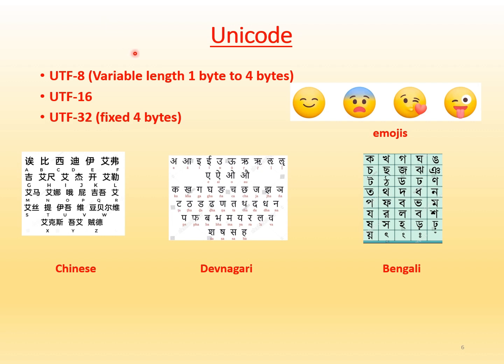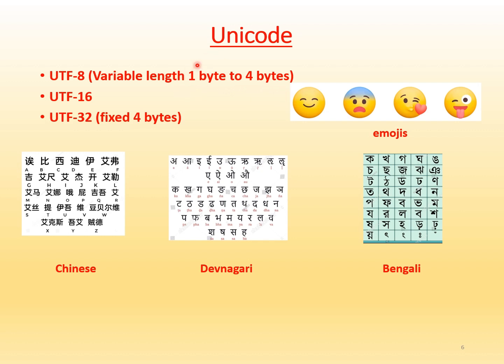In the computer we also use emojis and many other symbols, and they also need representation. So later on the length of the code word was increased, and that is called Unicode, which is universally accepted. This Unicode has different forms, UTF-8, which is variable length. It takes 1 byte to 4 bytes.